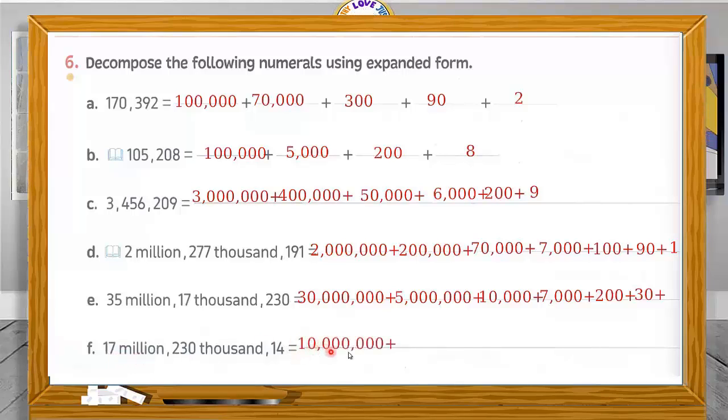Write 1 and 7 zeros. 7 million, 6 zeros, and in next period in thousands we have 200,000. 30,000. Next period in hundreds we have nothing, so we write 10, and we have 1 in tens place, write 10, and in ones we have 4.